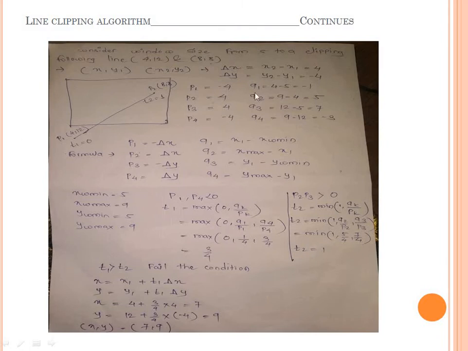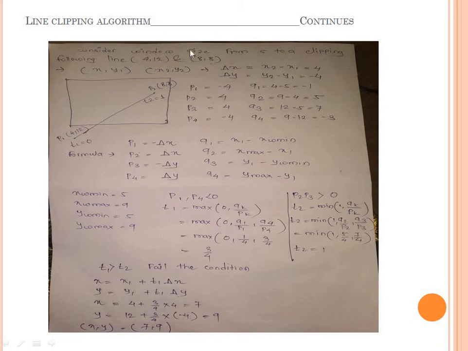Okay. Then we calculate Q1, Q2, Q3, Q4. That is, Q1 is equal to x1 minus xw minimum, that is 4 minus 5. Here xw minimum is equal to 5, and xw maximum is equal to 9.